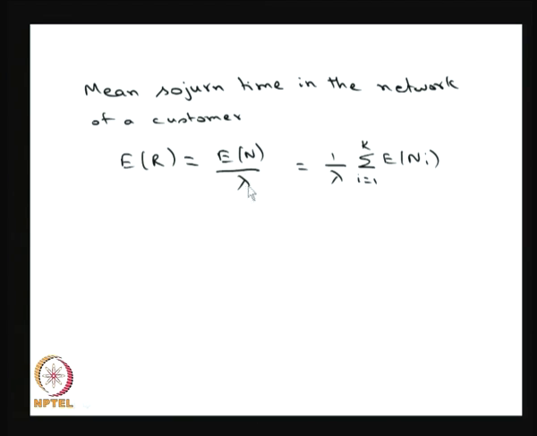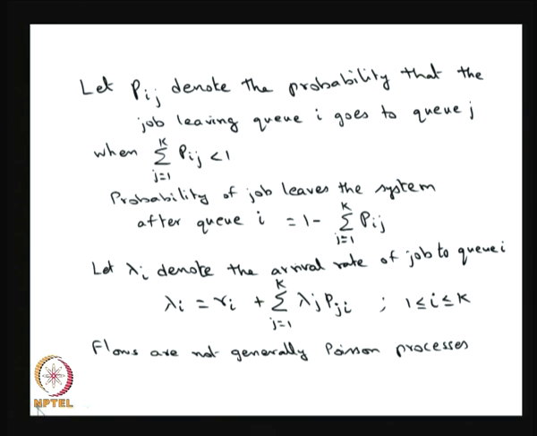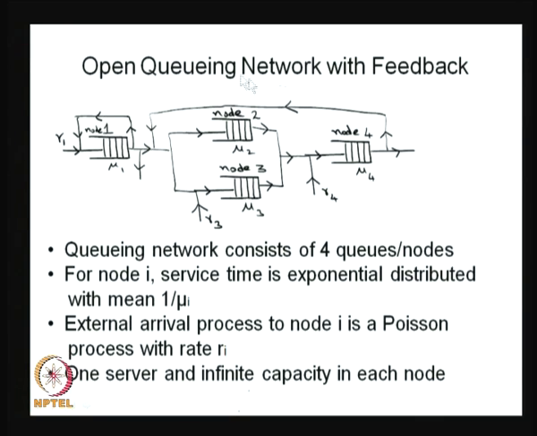Here the external arrival rate is lambda. So, that we have to add. Suppose here you are finding out the lambda, and for the open queuing network the lambda you have to compute by adding all the external arrival rates R1 plus R3 plus R4, that is going to be lambda in this example.